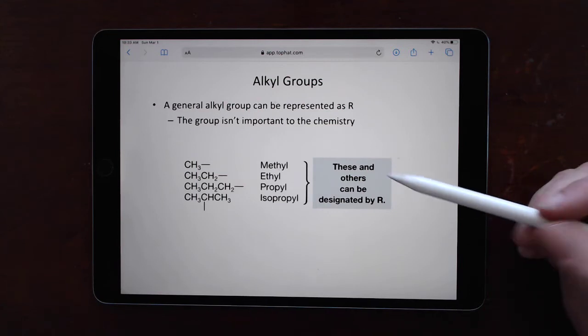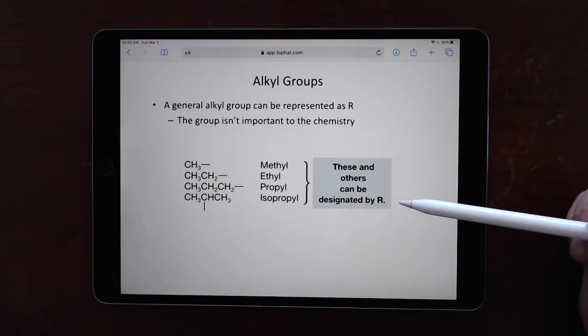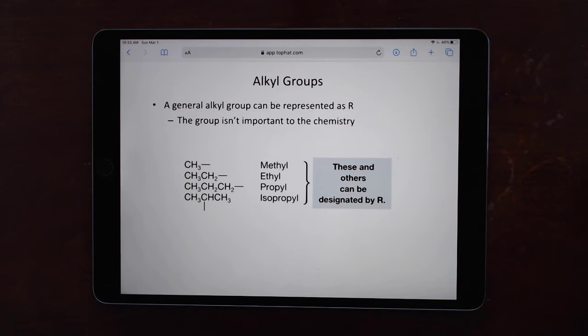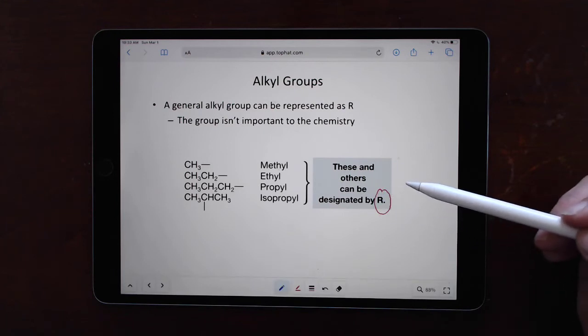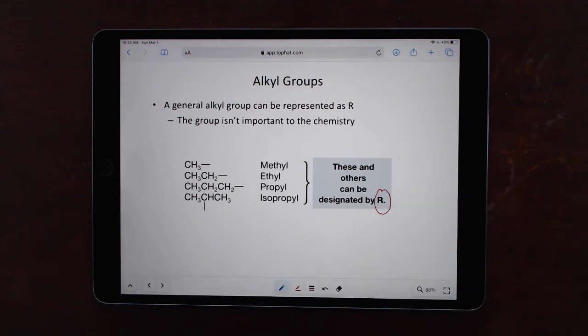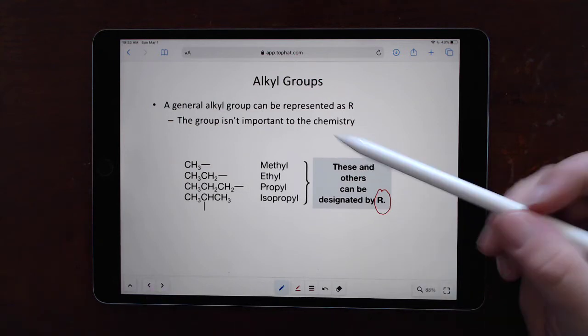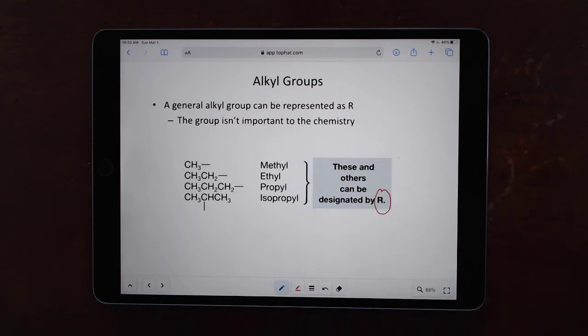Okay, so like we mentioned before, sometimes you could just designate any sort of alkyl group, any sort of side chain like this, as an R. That just means it doesn't matter. That's not the important part, so we're just not going to worry about that. So methyl, ethyl, propyl, isopropyl, butyl, T-butyl, hexyl, whatever, it doesn't really matter.